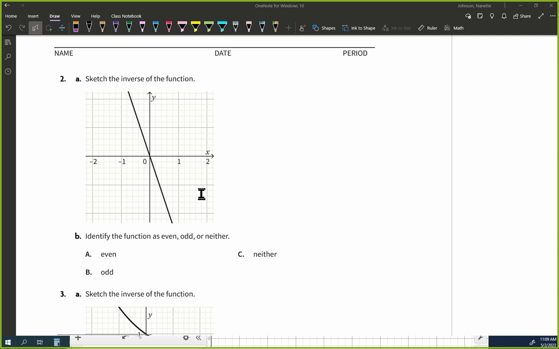This one, even or odd? Or neither? Even, odd, neither. Yeah, this one's odd. Because if I go over to the right 1 box, it goes down this much.